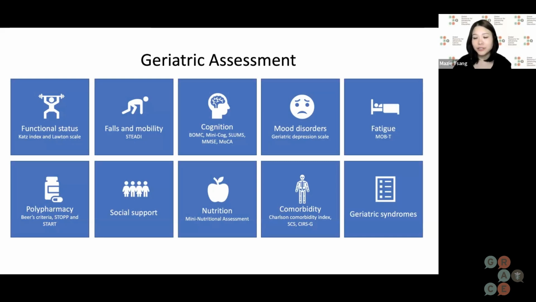And geriatric syndromes is very similar to what I've already identified in the past domains, but it looks at any of the other conditions that commonly affect older adults. And that can include polypharmacy, that can include frequent falls. And there are other conditions that we would worry about for people who are older. And this basically identifies every other possible concern that we would identify.